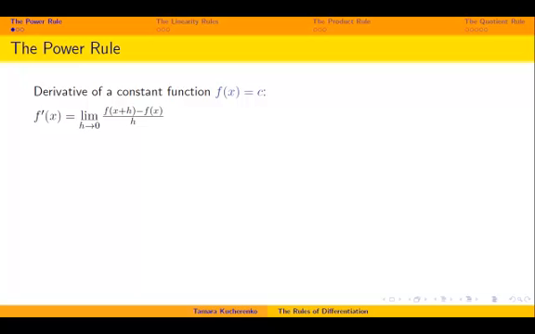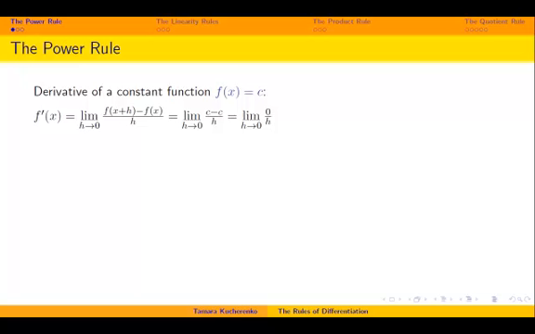Since f of x equals c for any x, f of x plus h is c and f of x is c. In the numerator we get c minus c, which is 0.